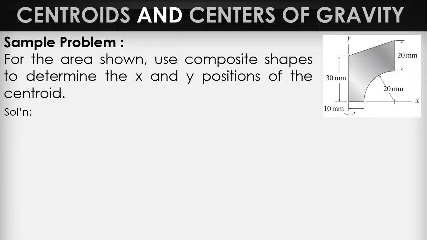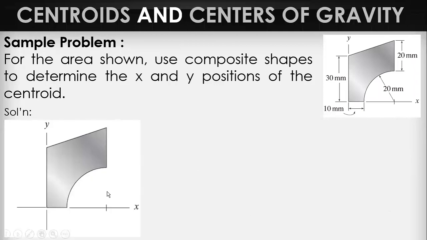Another problem. For the area shown, use composite shapes to determine the X and Y positions of the centroid. Now, first, let us subdivide the plane area. So, this one. So, we have a triangle, we have a rectangle, and we need to subtract this one, quarter of a circle.